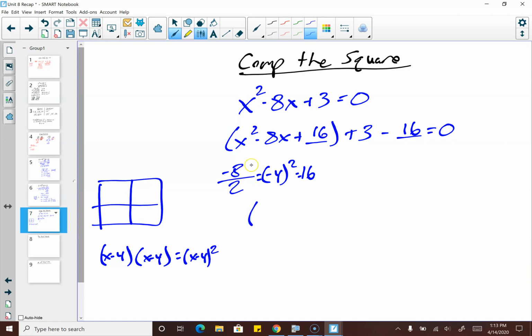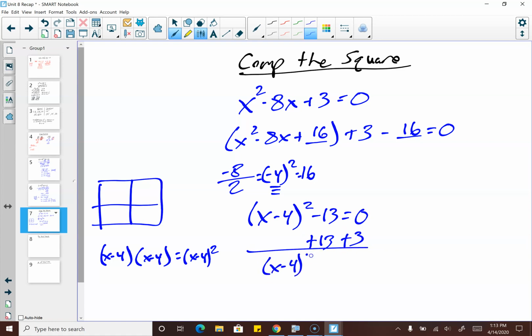So if you pay attention to your dividing piece here, whatever number you get after dividing by 2 is always the number that goes in the parentheses. And then on the outside, 3 minus 16 is negative 13. So then we'll just solve the same way we did in the previous problems. X minus 4 squared equals 13 when we add it to both sides. Square root.